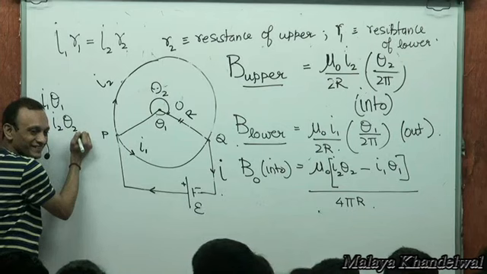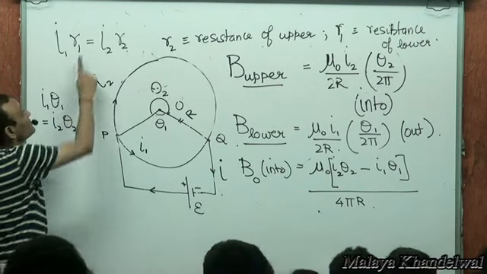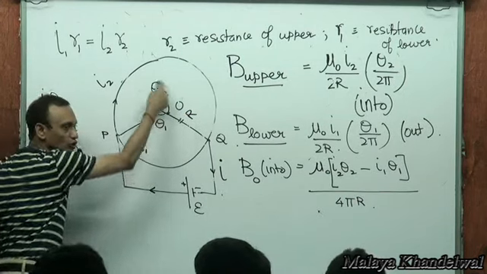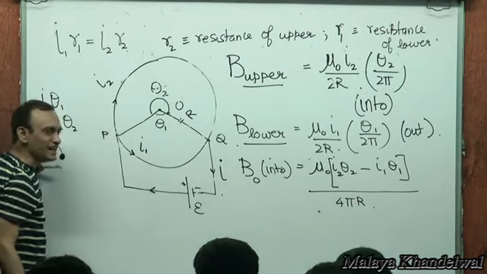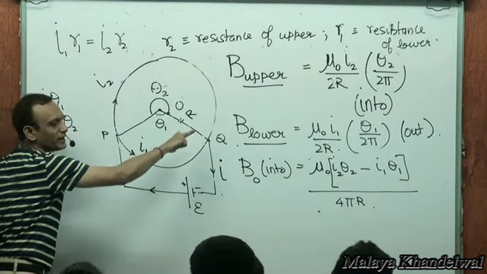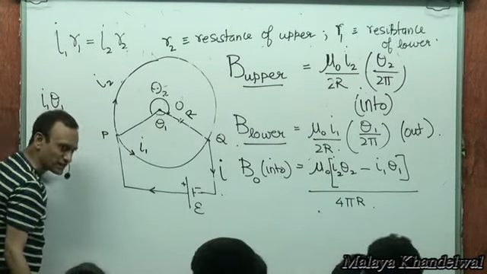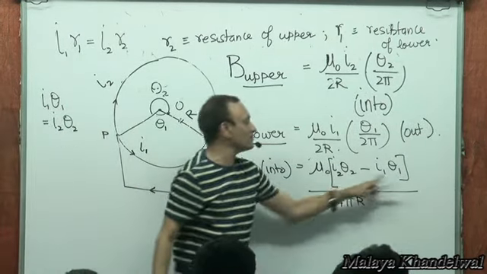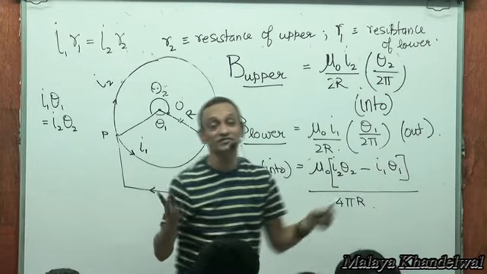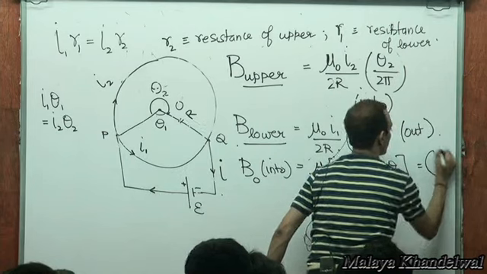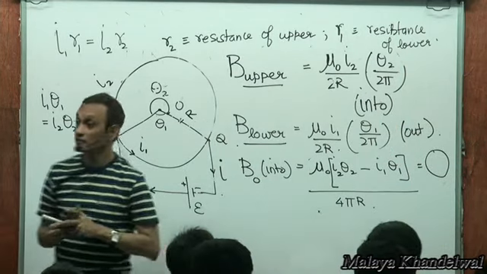Yes or no? Can I not say this? These resistances are proportional to these lengths, which in turn are proportional to these angles at the center. So can I replace these R1 and R2, the resistance of the upper and lower, by theta 2 and theta 1 respectively? So can I say I1 theta 1 is I2 theta 2? If I1 theta 1 is I2 theta 2, the field at the center will become 0. Field at the center will become 0. Right?